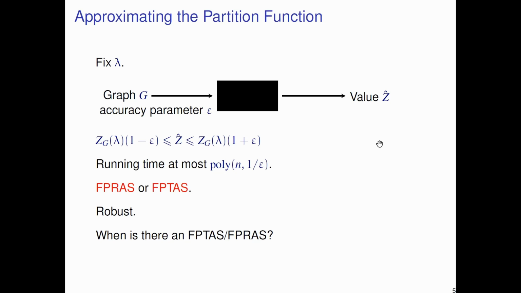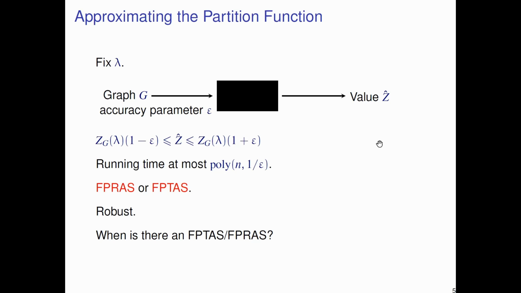So the usual setup is that you fix the parameter lambda, and then you're interested in a setting where the input is the graph, but the input also has an accuracy parameter epsilon. And the name of the game is you're supposed to spit out a value, which I've called z hat.